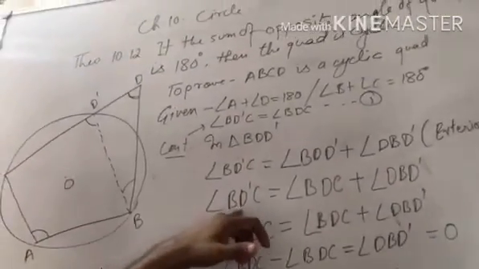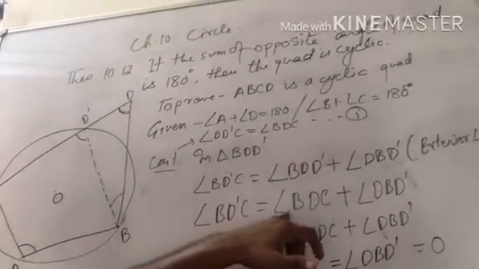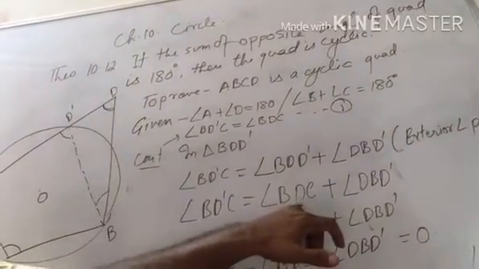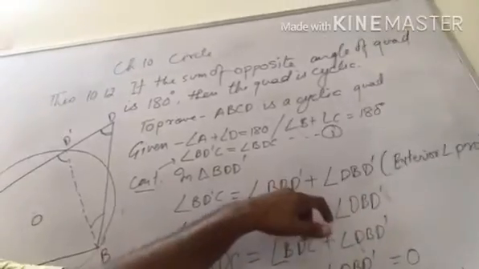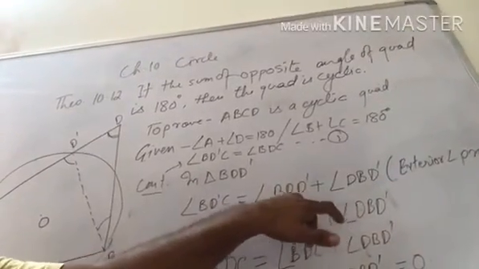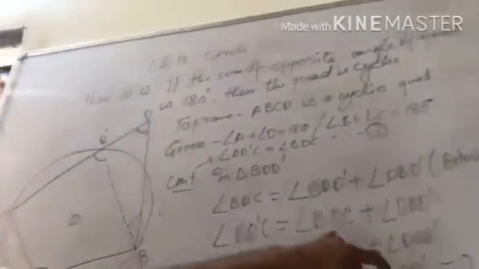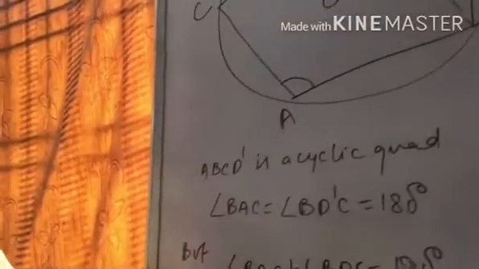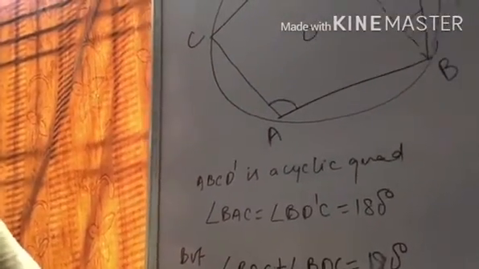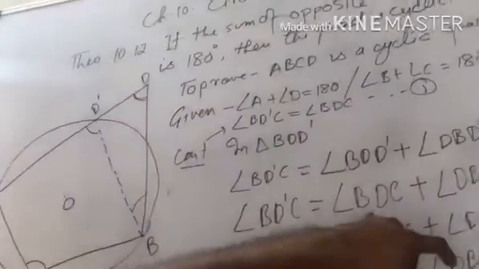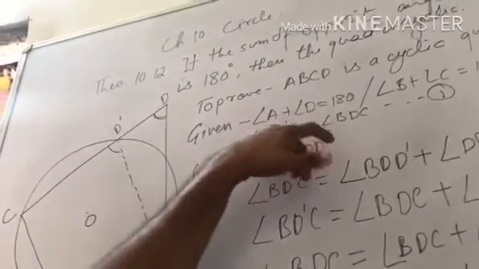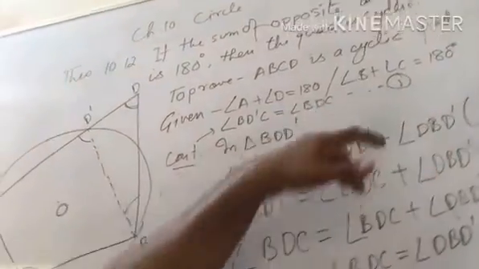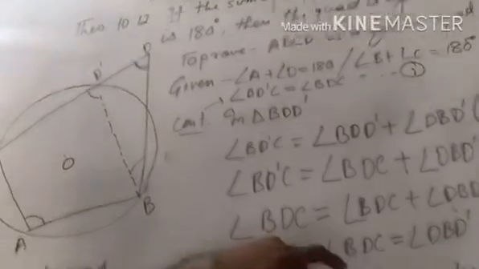Now angle BD dash C is equal to angle BDC plus angle DBD dash. We can substitute, and we know that angle BD dash C is equal to angle BDC. Then we substitute it also.